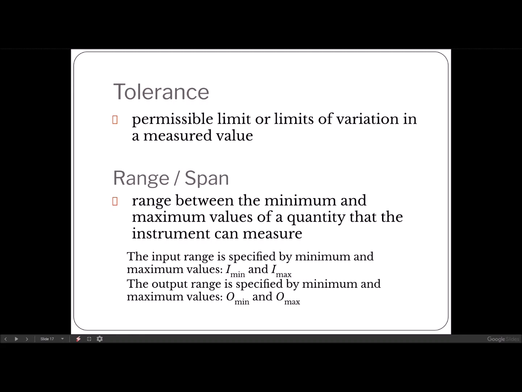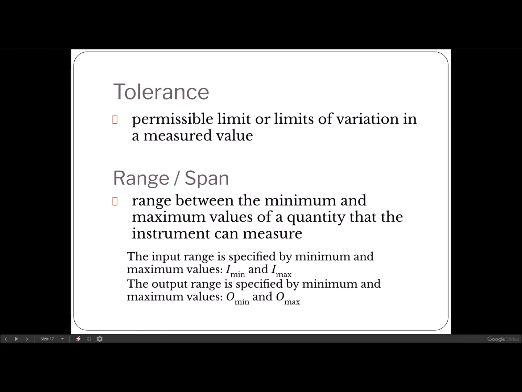The other static characteristic is tolerance. Tolerance, I think you know what tolerance is. It's the permissible limit of variation in measured value. If you have a ruler, let's say, the smallest scale is 1 millimeter.